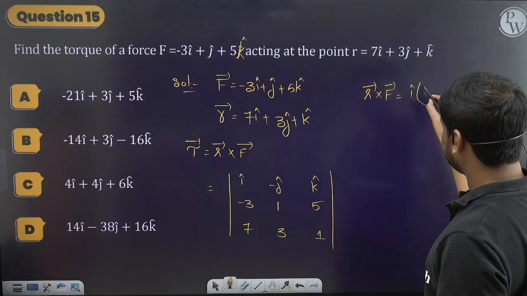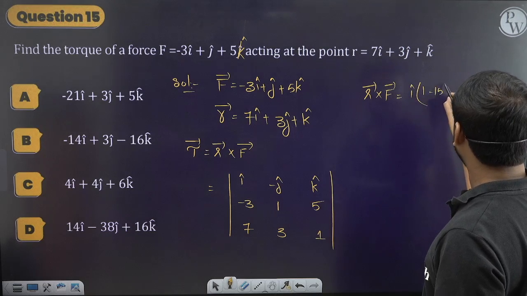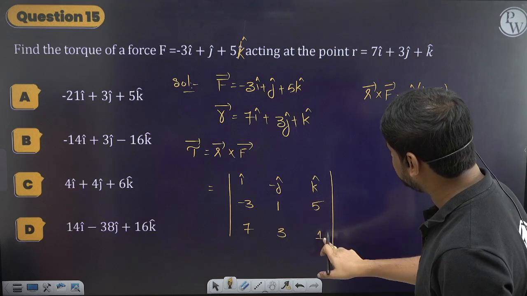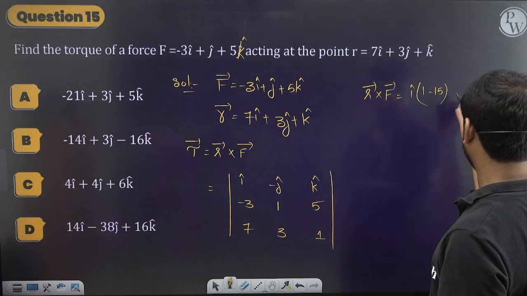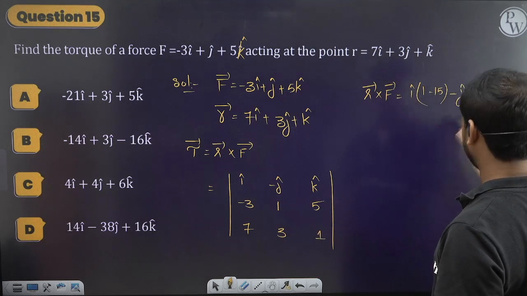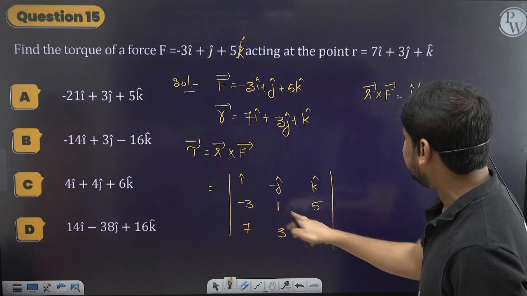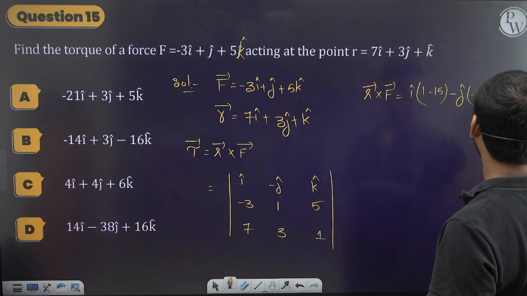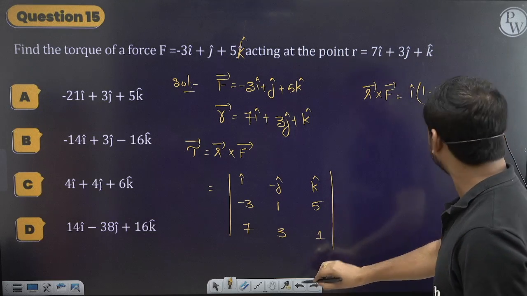You just write i cap into AD minus BC. What is AD? 1 into 1, so 1 minus 15, which is minus 14. Close that column, close that row. Then minus j cap into AD: minus 3 minus 5 into 7, which is 35.